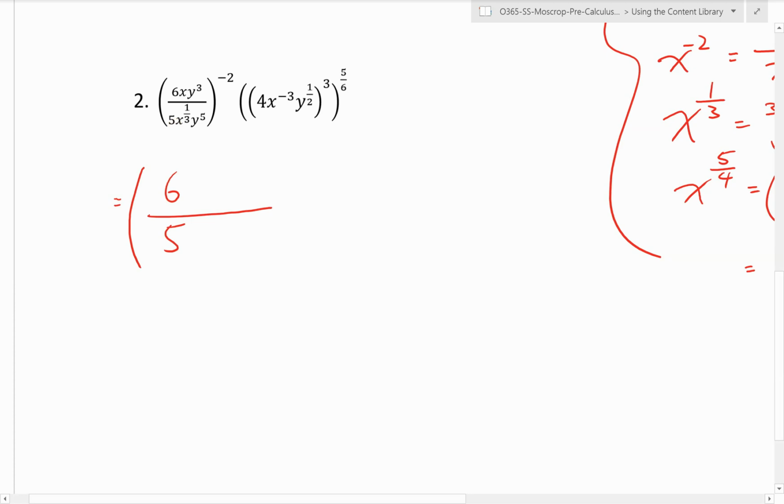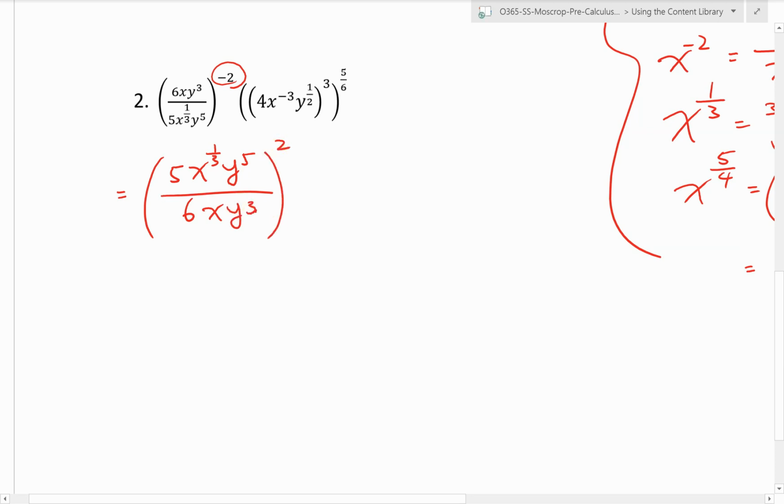So you know what? Actually, no, that's not what I'm going to do. I noticed that this exponent is negative. So what I'm going to do instead is flip the fraction right away. So I'm going to have 5x to the power of 1/3 y to the power of 5 over 6x y cubed, all squared. Because the exponent is negative, I can turn it into a positive exponent as long as I flip the fraction, which I did.